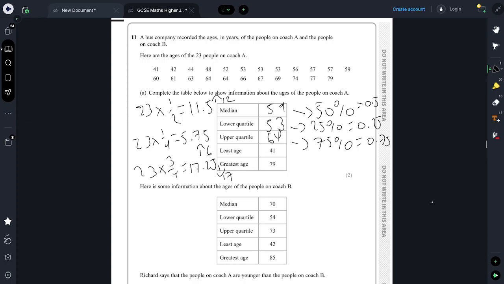Oh, hang on. Did I count that right? 1, 2, 3, 4, 5, 6, 7, 8, 9, 10, 11, 12, 13, 14, 15, 16, 17. Okay, interesting. I just checked, and apparently they want the 18th number.